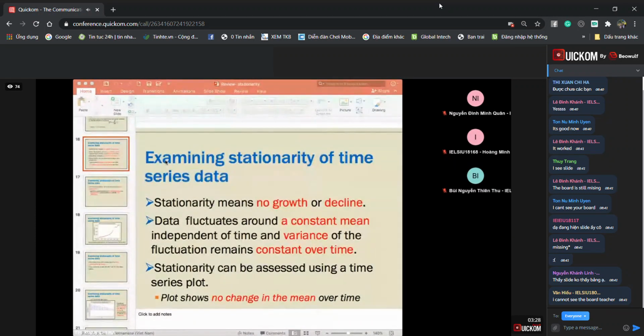So D equal to 0 is stationary, but D equal to 1 is non-stationary. Right now, I want to review data that is non-stationary. So what should we do? Of course, for non-stationary, we need to take the difference.